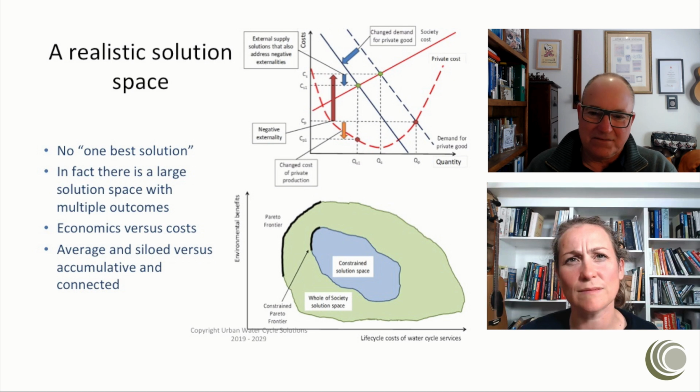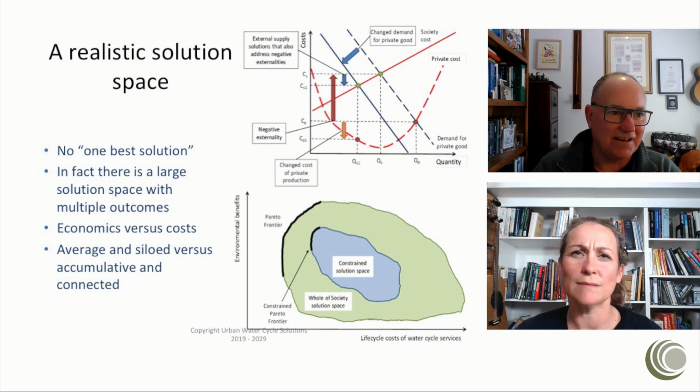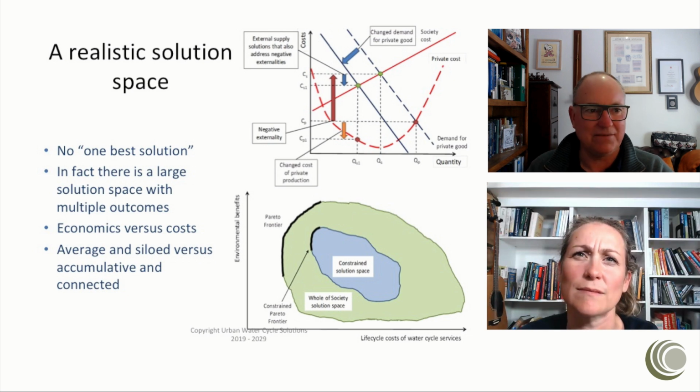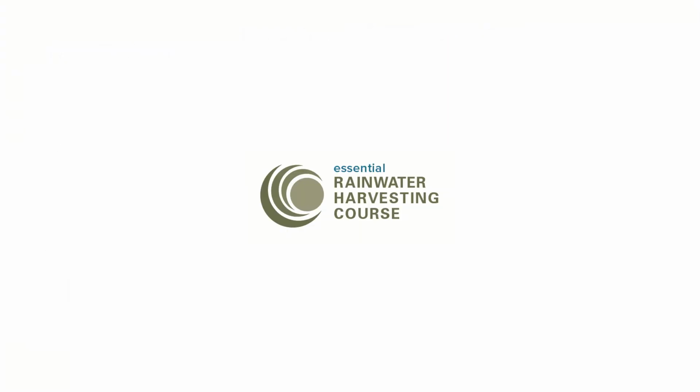So we need to avoid averaged and siloed assumptions versus cumulative and connected. Average and siloed is not systems thinking. Cumulative and connected is systems thinking. Everything's connected to everything else. This is what I'll talk about now.